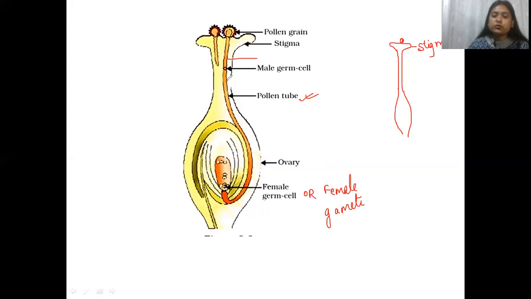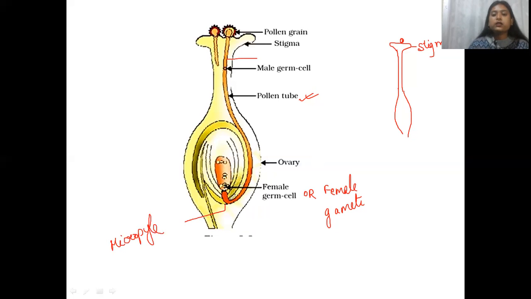Now, of the two male gametes that were formed, one will enter like this through the pollen tube, and there will be an opening here in the ovule. This opening is known as the micropyle.